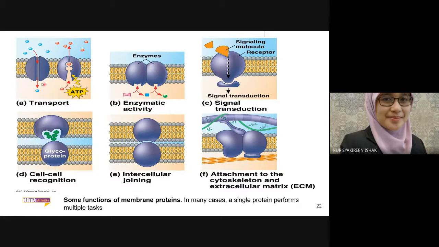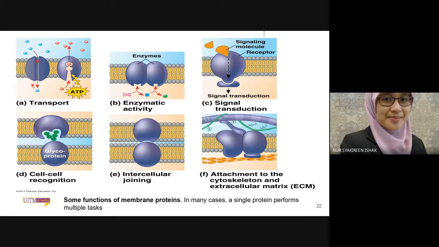Okay, so this is the diagram to illustrate to you the function or role of each protein. So as transport, you can have channel protein. One common example of channel protein is aquaporin, which is a channel protein that allows water molecules to be transported through facilitated diffusion, from high concentration to low concentration, from outside to inside of the cell, for example.